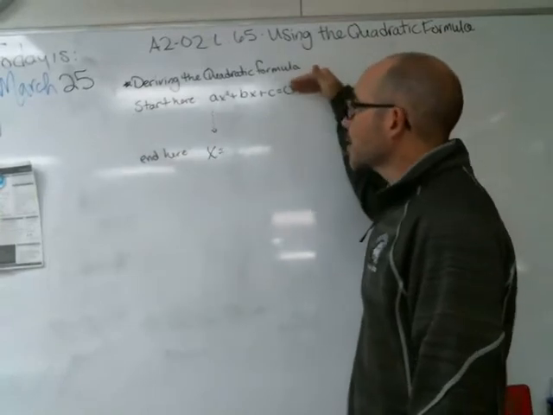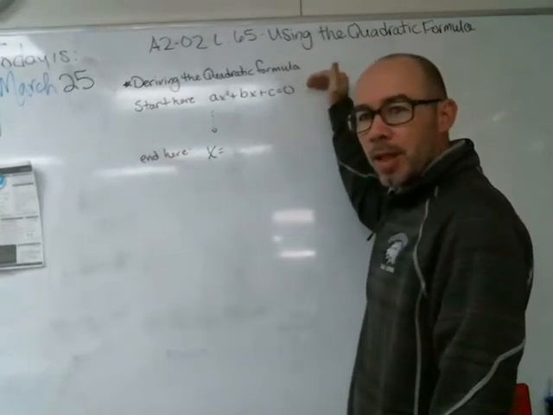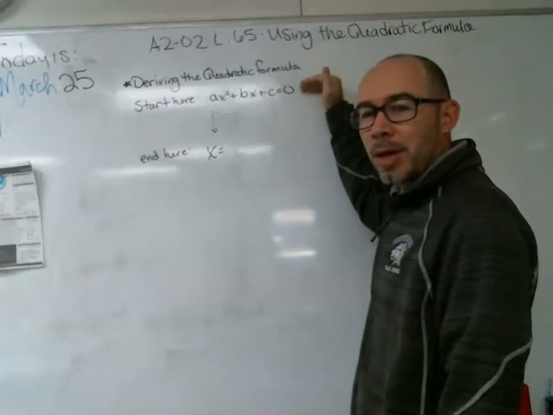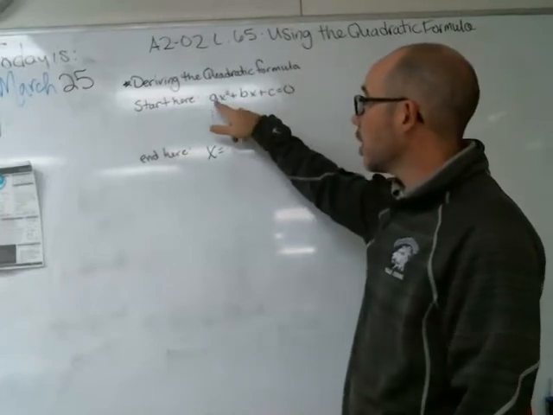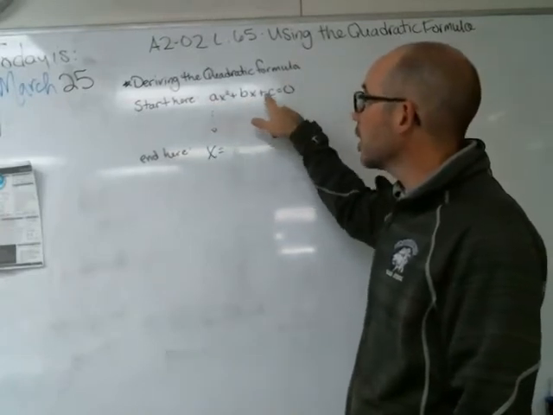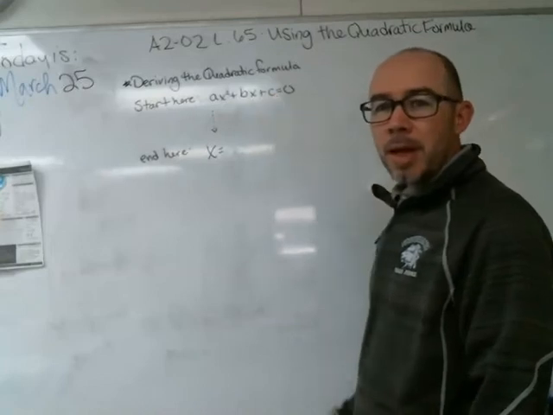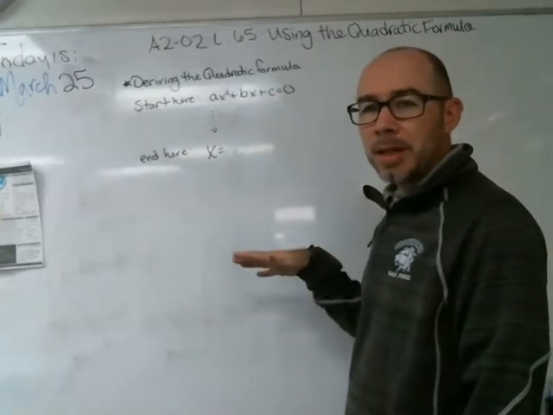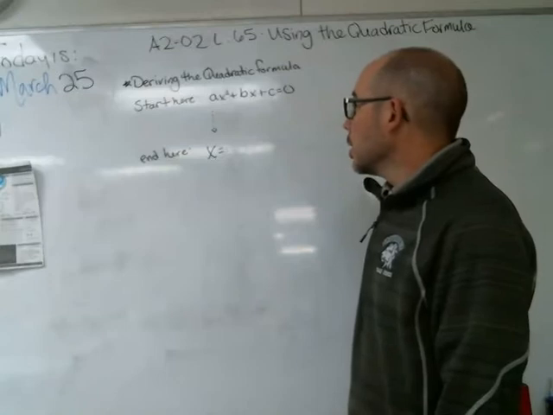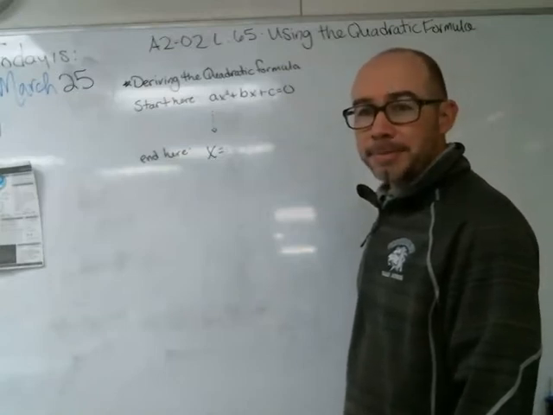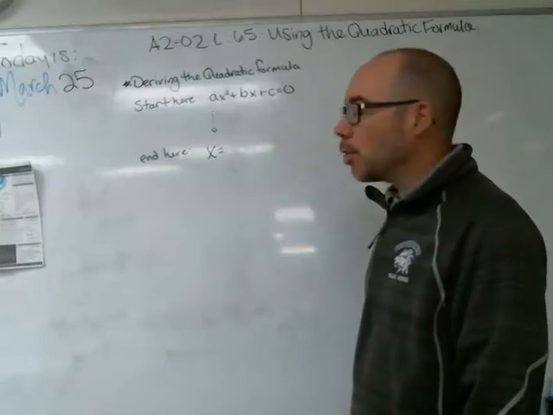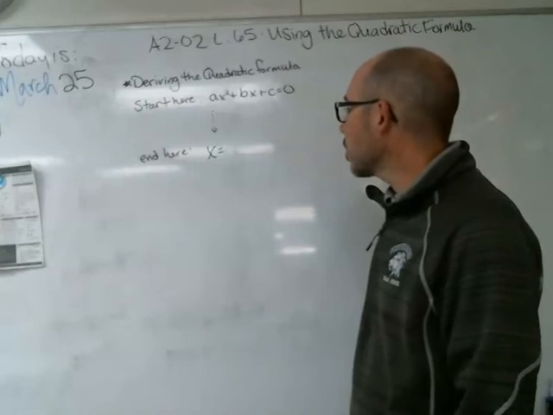The quadratic formula starts with writing out the general or standard form of a quadratic equation with our coefficients a, b, and our constant c, and then working through by completing the square to solve for x. Okay, that's it. So you can see there's some work to do.